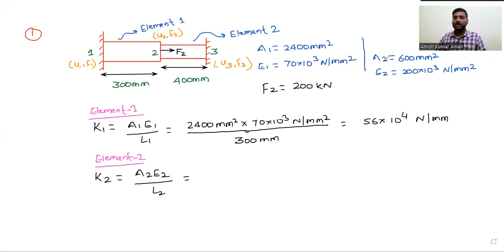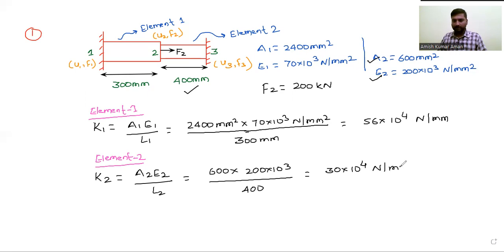Again, put in all these values: A2, E2 and L2 are given. So 600 into 200 into 10 to the power 3 divided by 400 gives 30 into 10 to the power 4 Newton per mm.